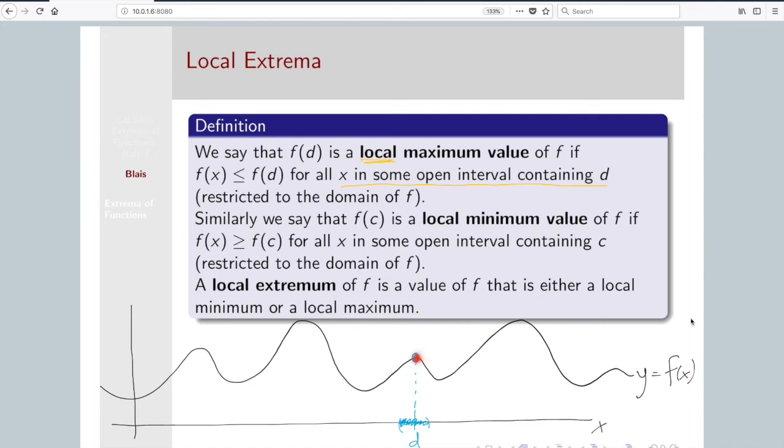This is a local maximum value as long as we have such an interval, such that for any other x in that interval, f of d is bigger than or equal to f of x. So when we restrict the function here, we see that with that restriction, this f of d is the highest value.